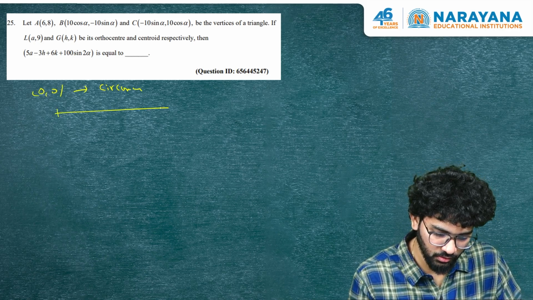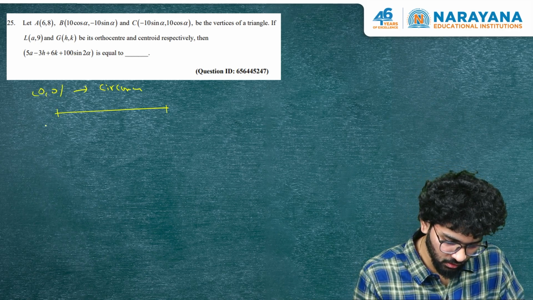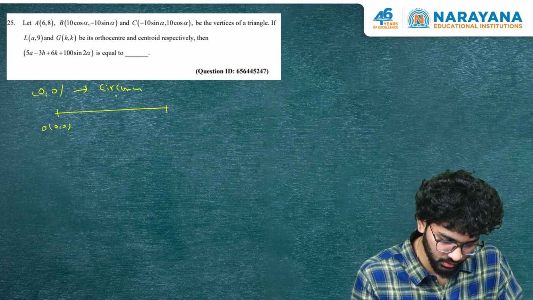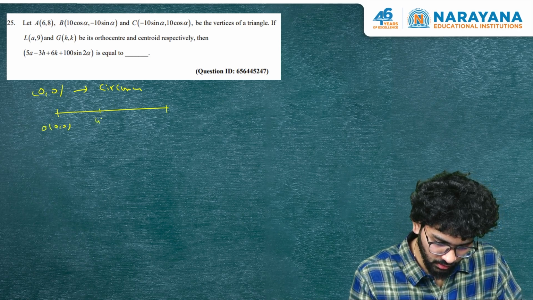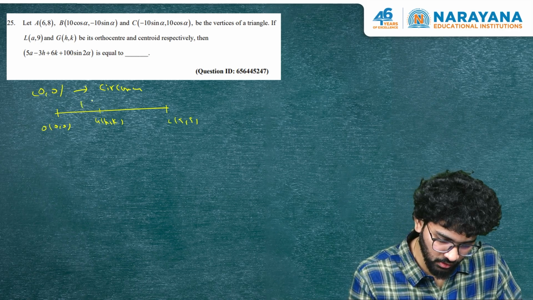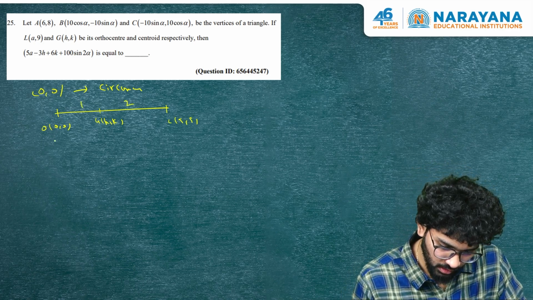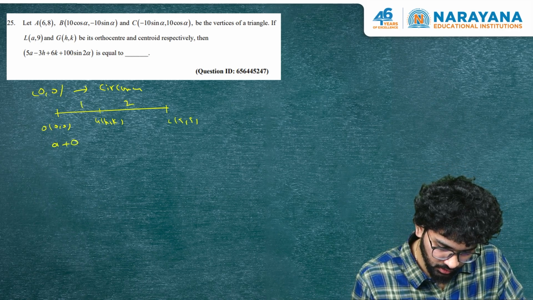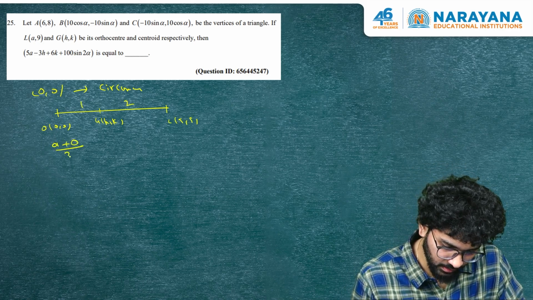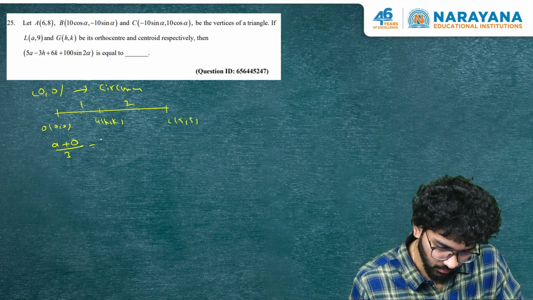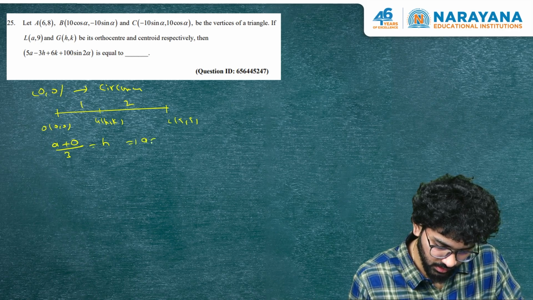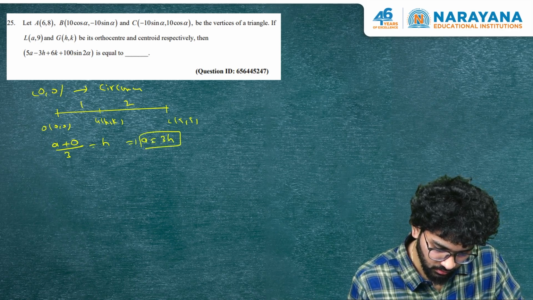So if I am taking the circumcenter as origin, the centroid as (H,K) and the orthocenter as (A,9), the centroid divides circumcenter and orthocenter in the ratio 1:2. So from here I can say (A+0)/3 is equal to H. So this implies A is equal to 3H.